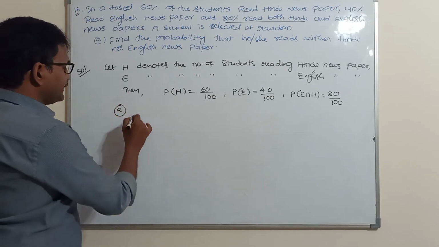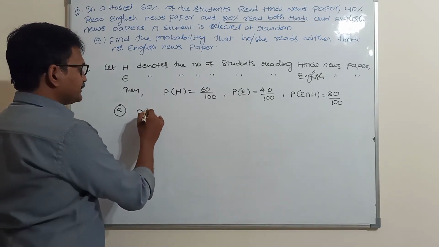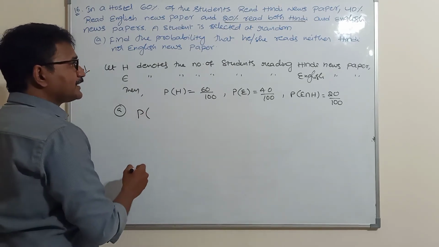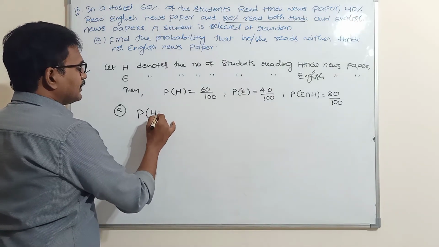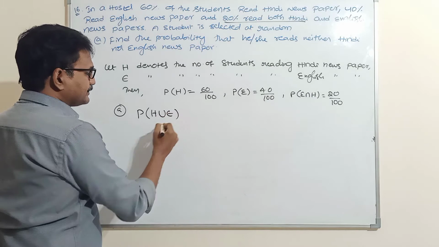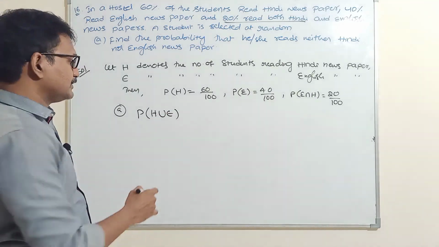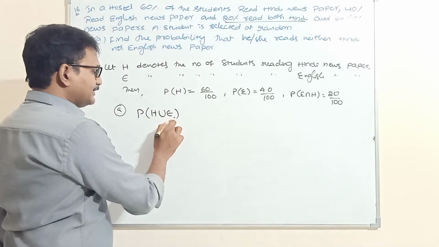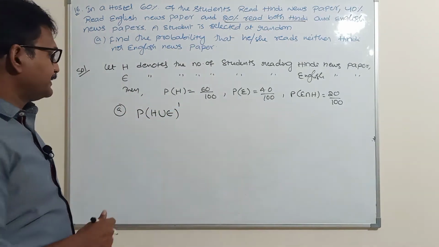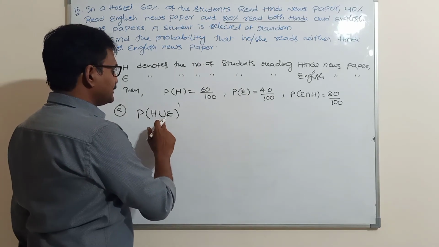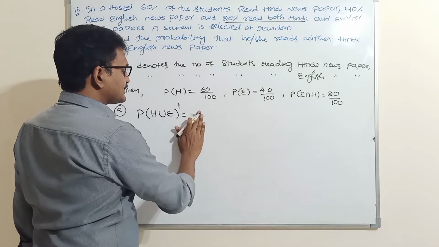Next, what is the first question? Find the probability that he or she reads neither Hindi nor English. Hindi or English means Hindi union English. Either H or E, but we want neither. Neither means take the complement.